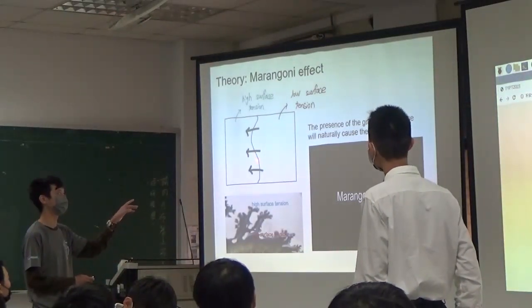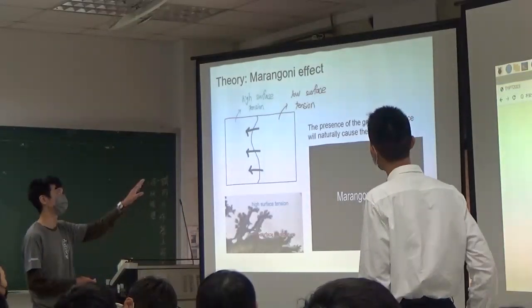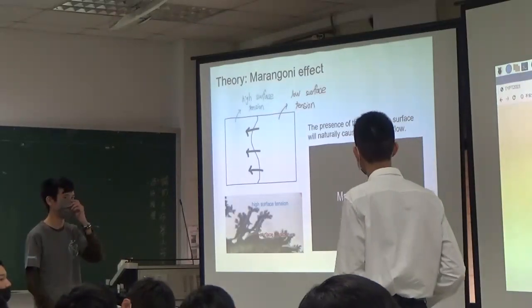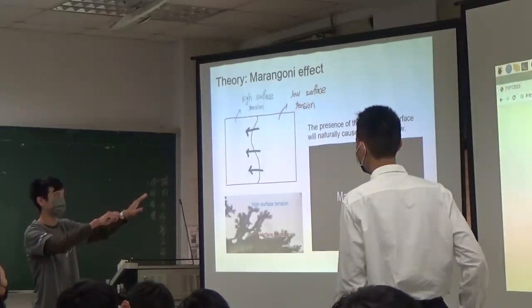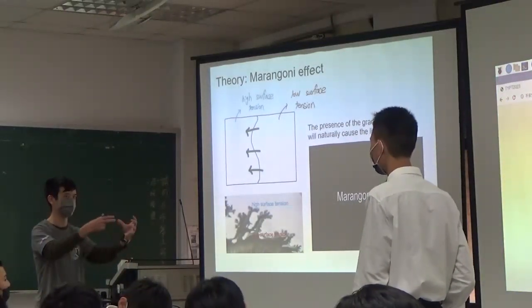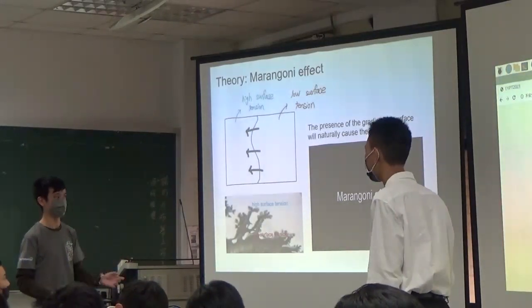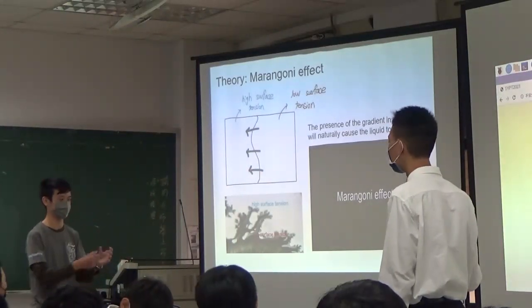When they meet each other, the low surface tension liquid will be pulled by the high surface tension liquid. So there will be a circle. Because the ink has low surface tension and the acrylic paint has high surface tension, so it will pull.